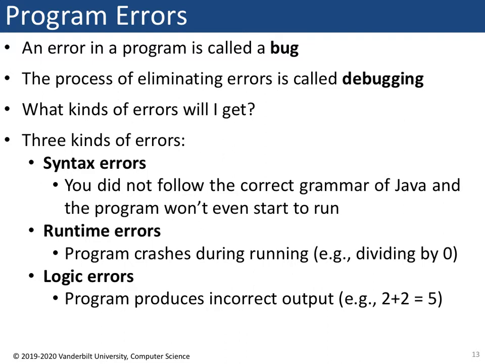The way you would fix that is you would need to have input validation in the program, where you check to make sure that the user didn't enter 0, and if they did, you would say, I'm sorry, you can't divide by 0, instead of attempting to perform that operation.